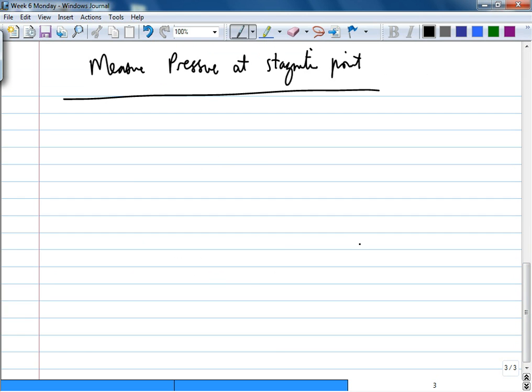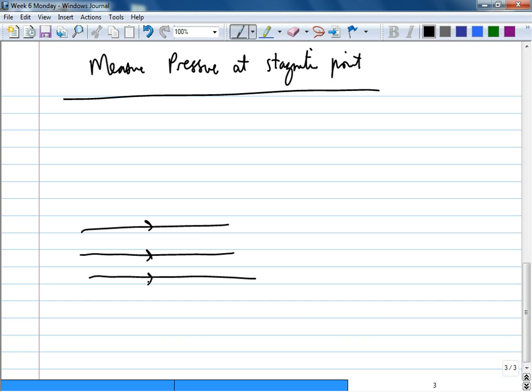Initially the streamlines are all going nicely like this, undisturbed. Here is the stagnation point. This is at free stream pressure p infinity, velocity V infinity, some height; it doesn't matter.